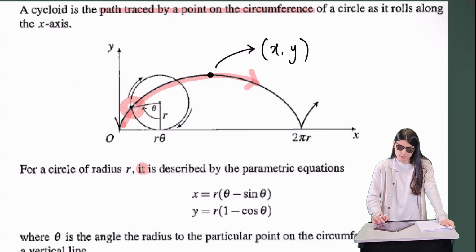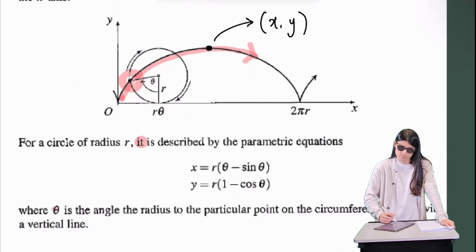Okay? And given, guys, that theta is the angle the radius to that particular point on the circumference makes with the vertical line, as shown in the diagram over here, theta over here, right?